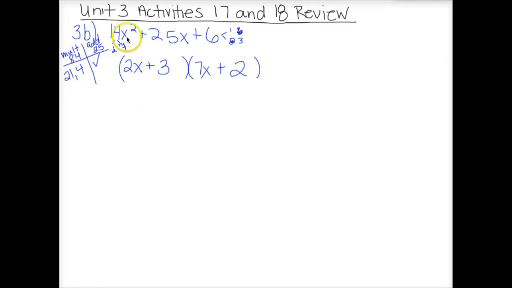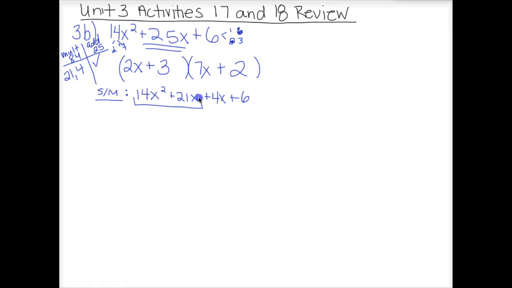The other method you could use is split the middle or the box. So if you're going to do split the middle, then that means you go to your chart and you split your middle term, which was 25x, into 21x and 4x. So we write 14x squared plus 21x plus 4x plus 6, and then we factor it by grouping.